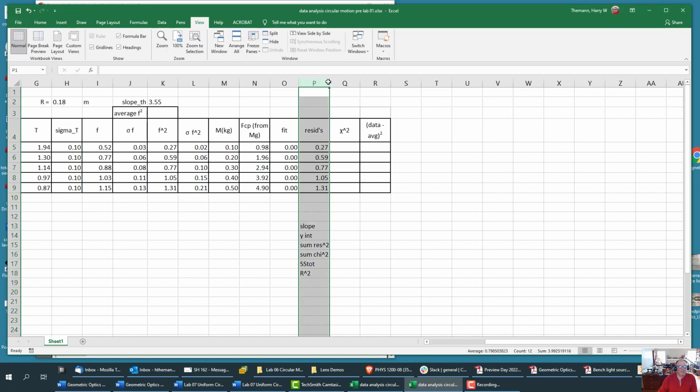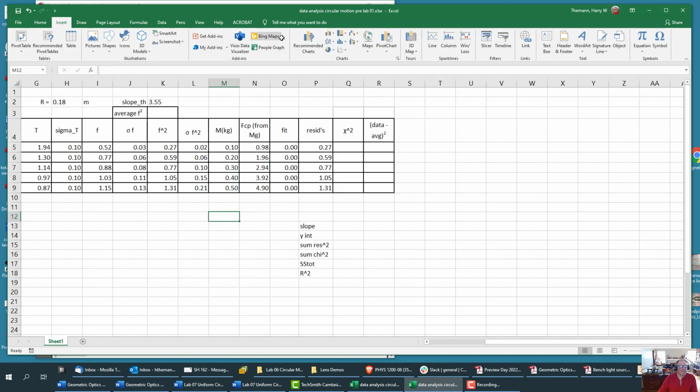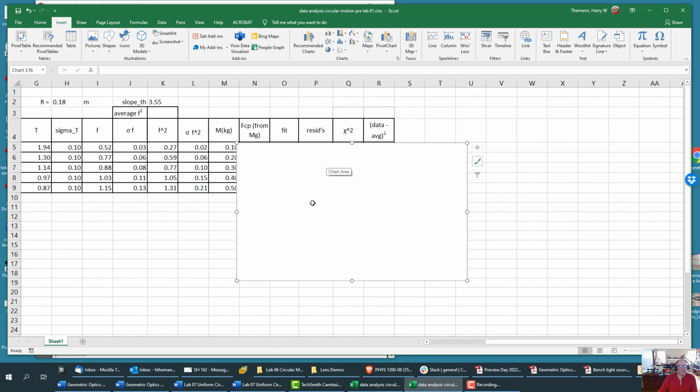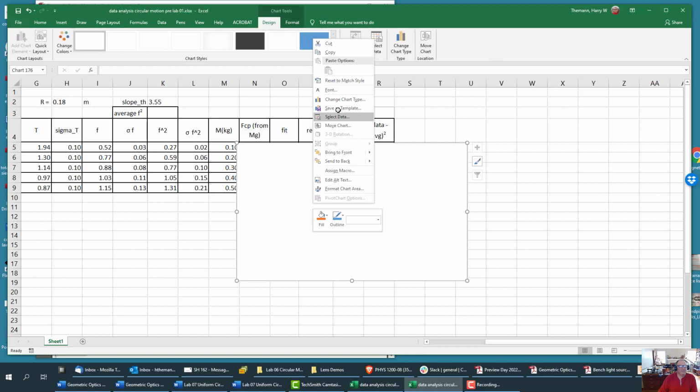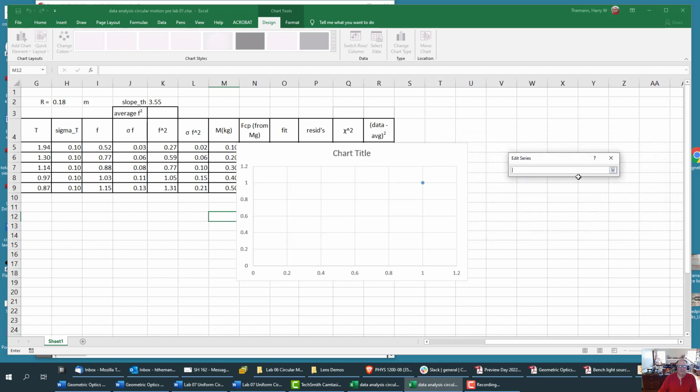Okay. I can make this a little bit bigger. And first of all, let's make a graph so we get a guess. What's easier in this case is to first insert a scatter plot, and then select data. I might have outsmarted myself, but we'll see. Here we go. F squared.